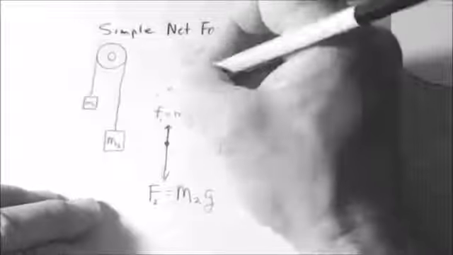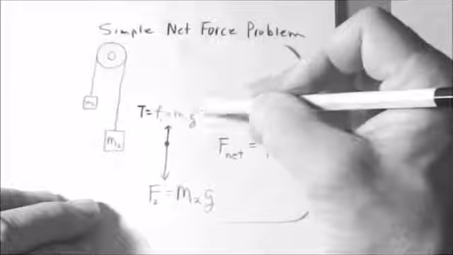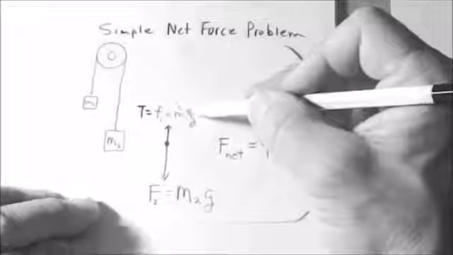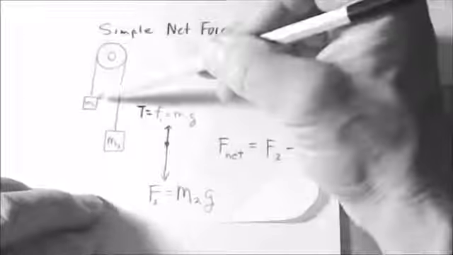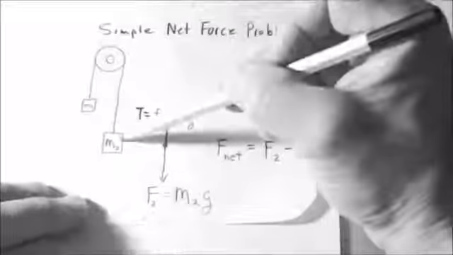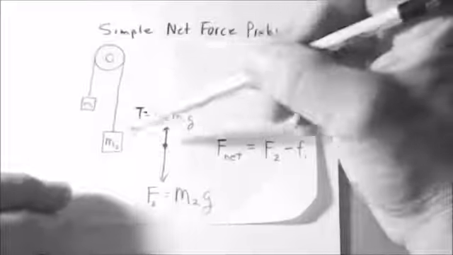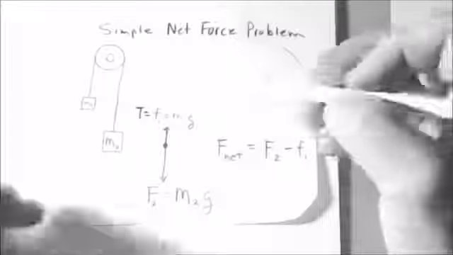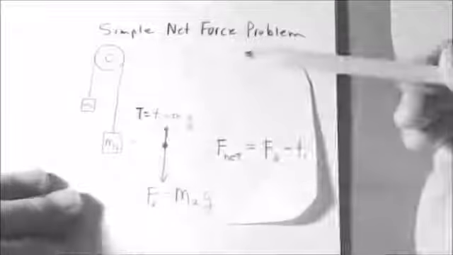All right, so the tension is equal to the force of gravity considering this smaller mass. So I've got a big mass and I've got a small mass. Now what do you think is going to happen? Is the little mass going to go up, or is the big mass going to come down, or is it going to sit still?